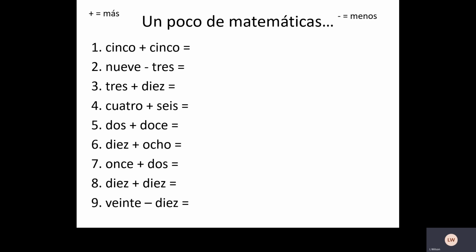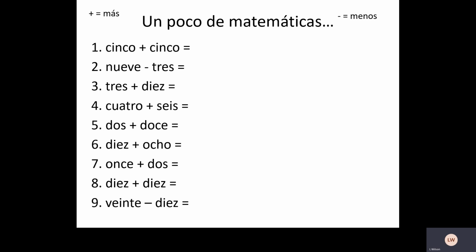Número 5, 2 más 12 son 14. So, número 5, 14. Número 6, 10 más 8 son 18. Número 6, 18.